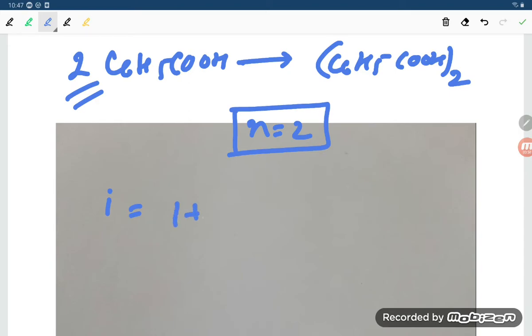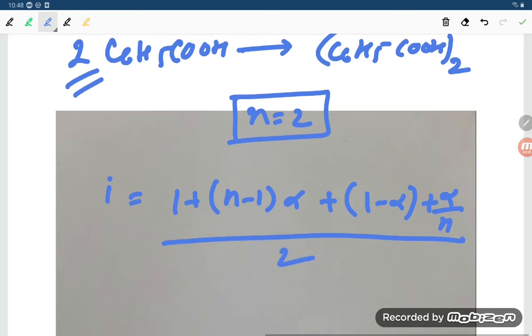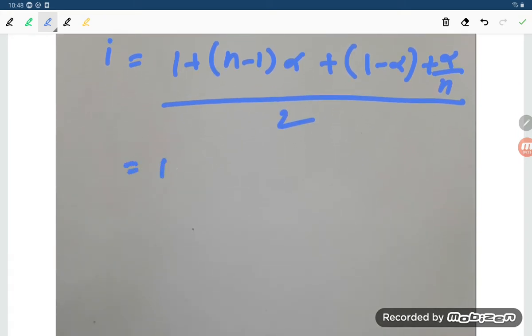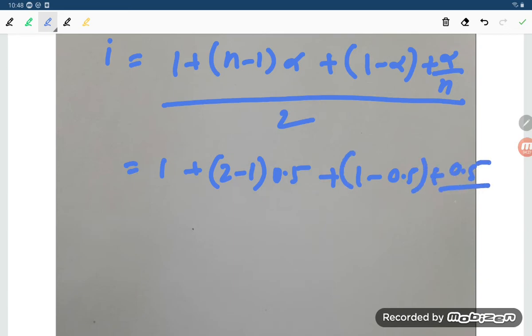So i is equal to 1 plus (n minus 1) alpha plus 1 minus alpha plus alpha by n, divided by the initial mole 2. So you put the values. 1 plus n value, that is 2 minus 1, alpha value 0.5, plus 1 minus alpha value 0.5 plus 0.5 by 2, a total divided by 2.